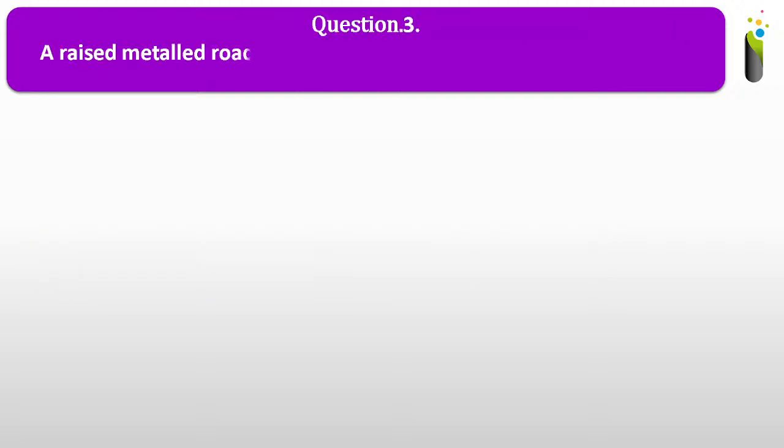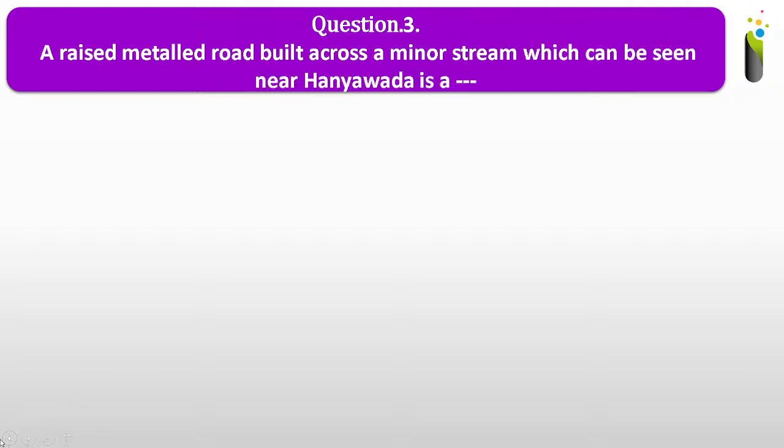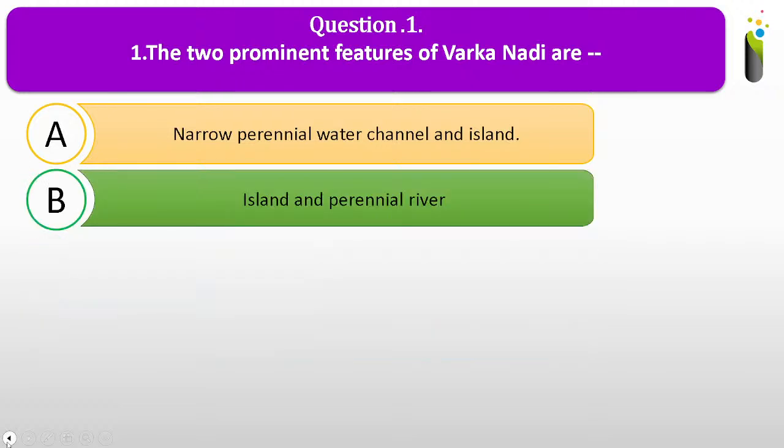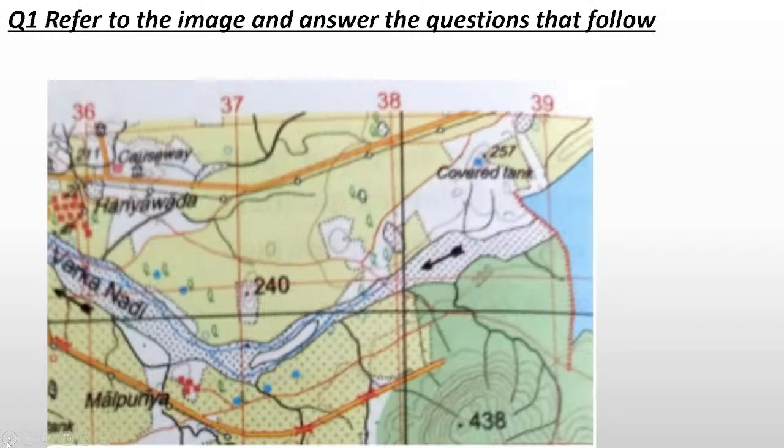Question number 3. A raised metal road built across a minor stream which can be seen near Hanyavada is dash. Again, I show you the picture. So this is the picture. You can have a close look at it. A raised metal road built across a minor stream near Hanyavada is dash.